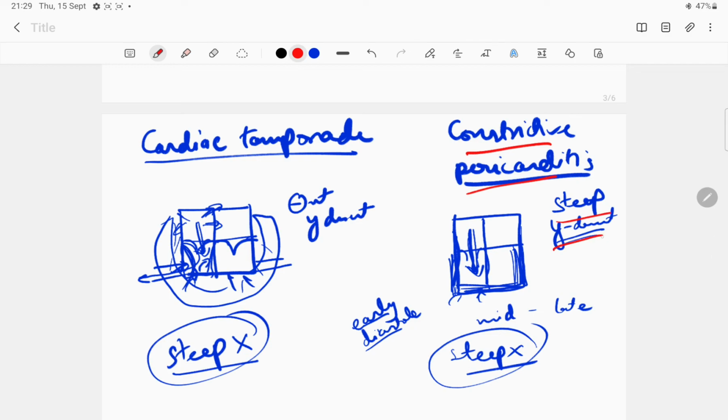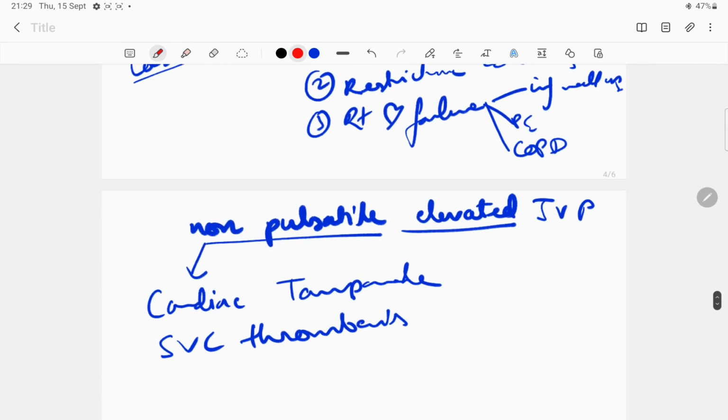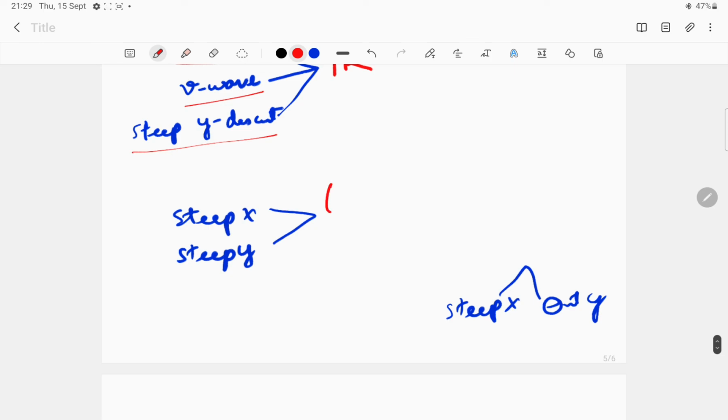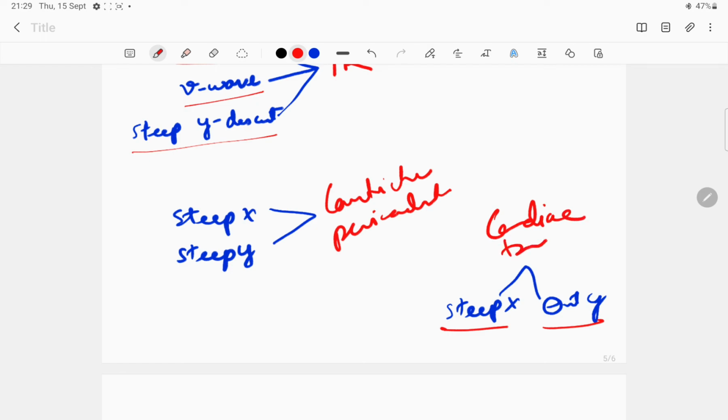You can see we have steep X and steep Y. While we have steep X and absent Y in case of cardiac tamponade. So that's it.